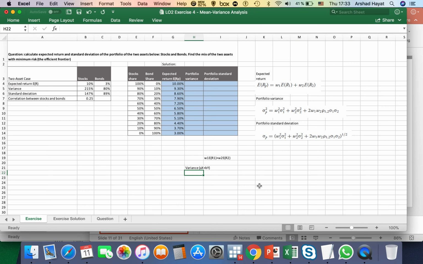The variance of AX plus BY is equal to A squared times the variance of X, plus B squared times the variance of Y, plus 2AB times the covariance of X and Y.